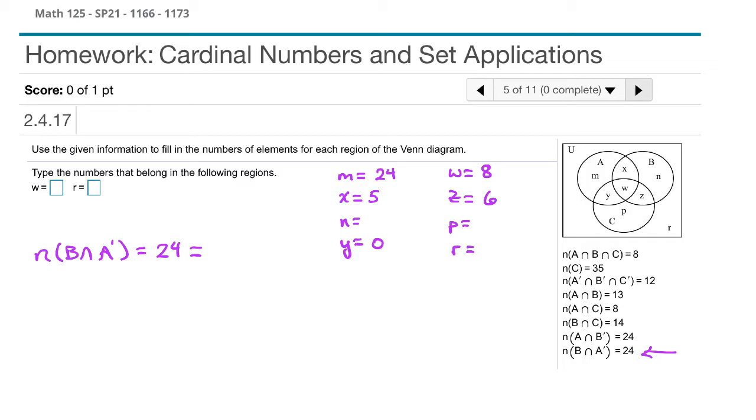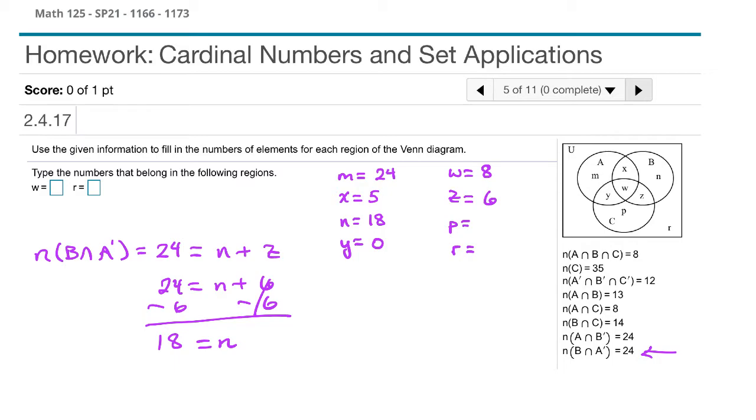Now we want the values that are inside B but outside of A. Inside B and outside of A gives us N plus Z. Here we know the value for Z is 6. If we subtract 6 on both sides, we have the value of N being 18.